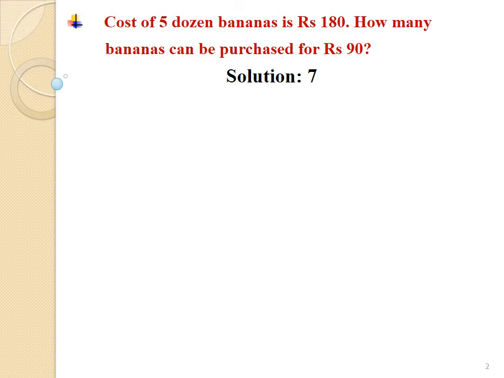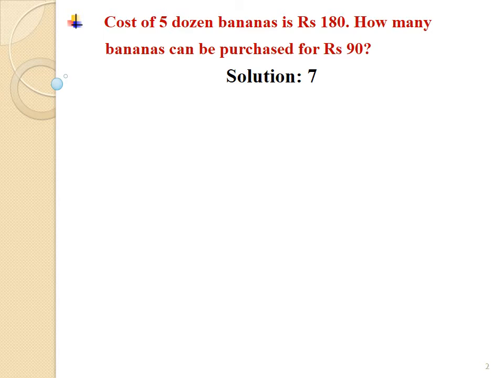Students, so in order to find out how many bananas can be purchased for rupees 90, first of all, we have to find out the cost of one banana. And then we have to find the number of bananas that can be purchased for rupees 90.